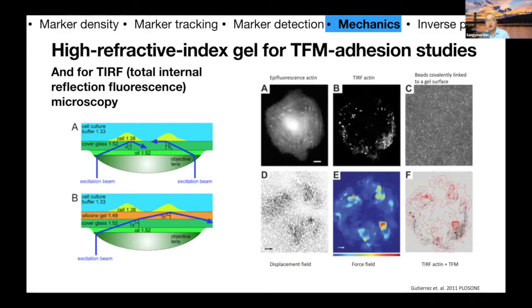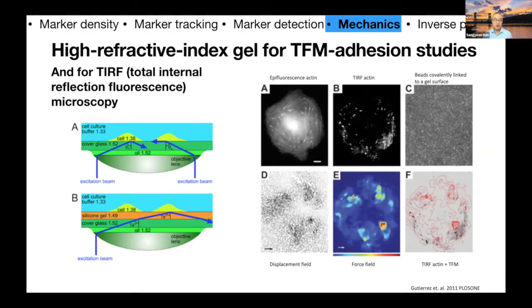And at the same focal plane, we see the beads. Using the beads, we can compare with the beads when the cells are gone. Then we have this displacement field and force field, and try to correlate the force field and the actin together. So that was the great promise, that it gives us better image quality.